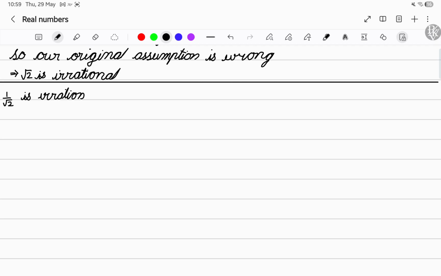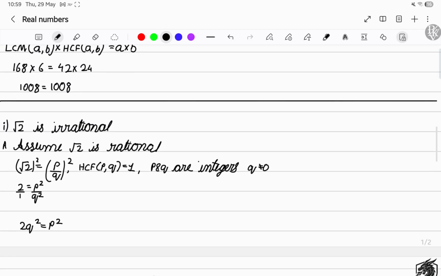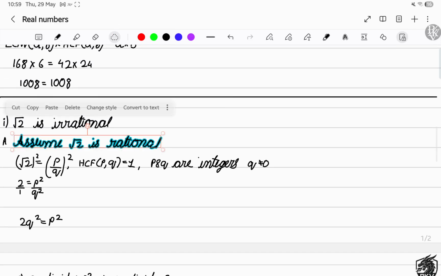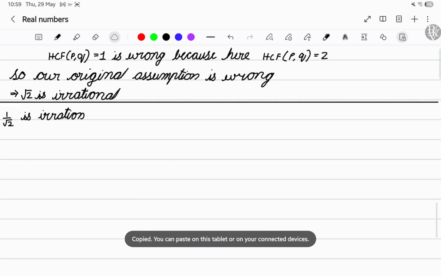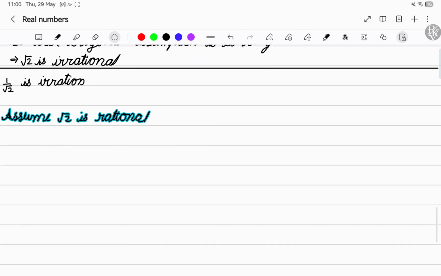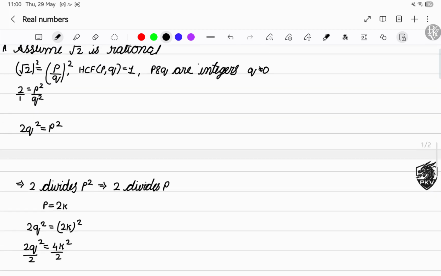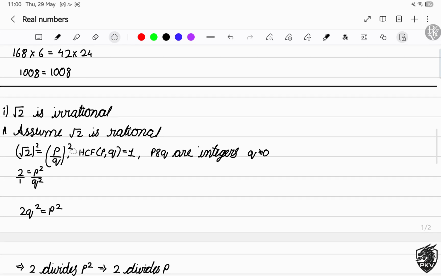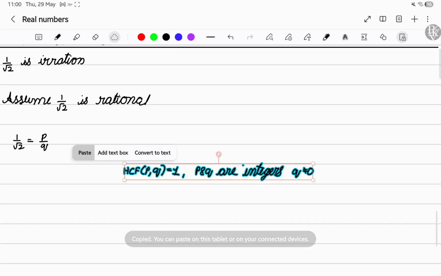So just like above, we will assume that 1 by root 2 is rational, and 1 by root 2 can be written as P by Q, where HCF of P and Q is 1, P and Q are integers and Q is not equal to 0, just like before.